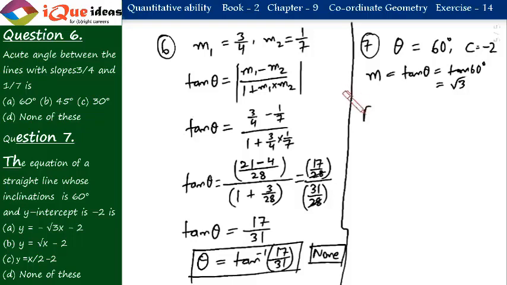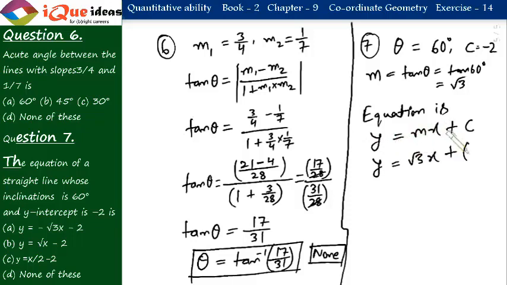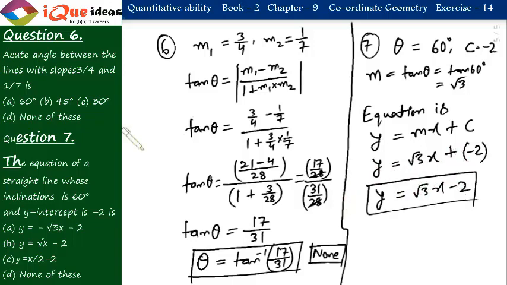The required equation of the line is given as y equal to mx plus c. So here m value is root 3 into x plus c value is minus 2. So the answer of the question would be root 3 x minus 2. This is the answer.